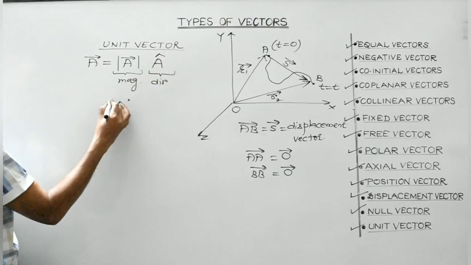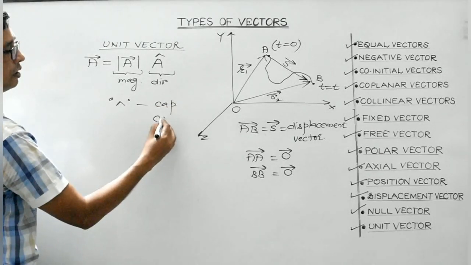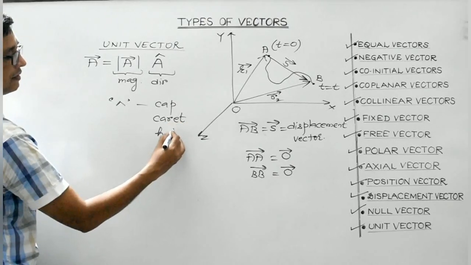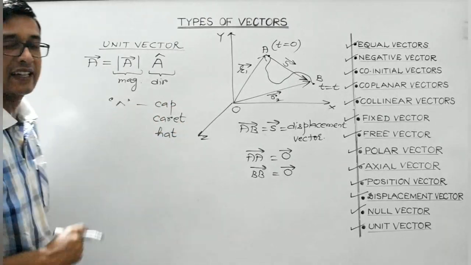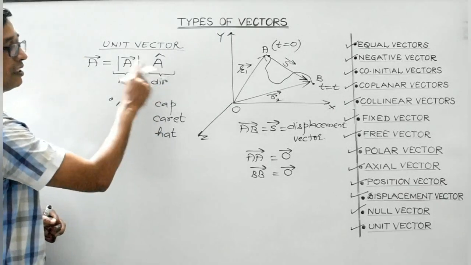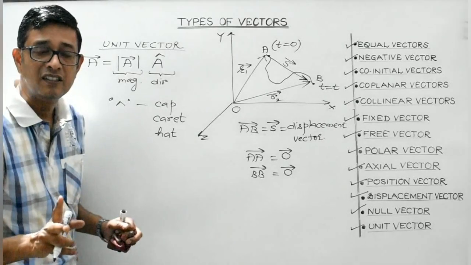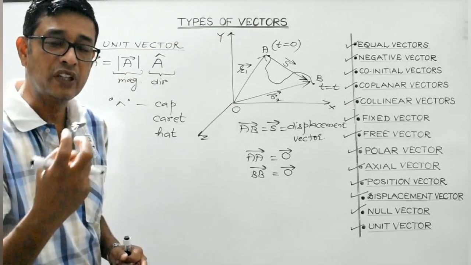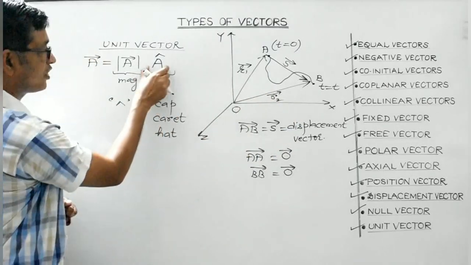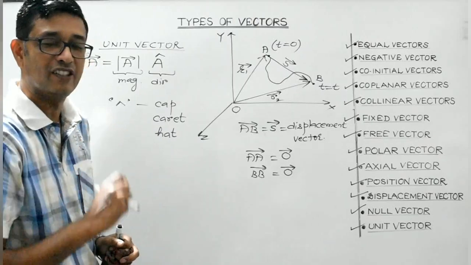This symbol is known as cap or caret or hat. This represents the unit vector. So what I mean to say is that a vector has two things. One is the magnitude, the other one is the direction. So the direction part is known as the unit vector of a given vector.